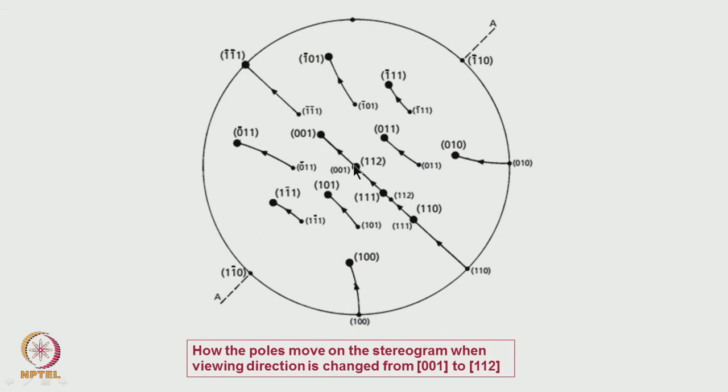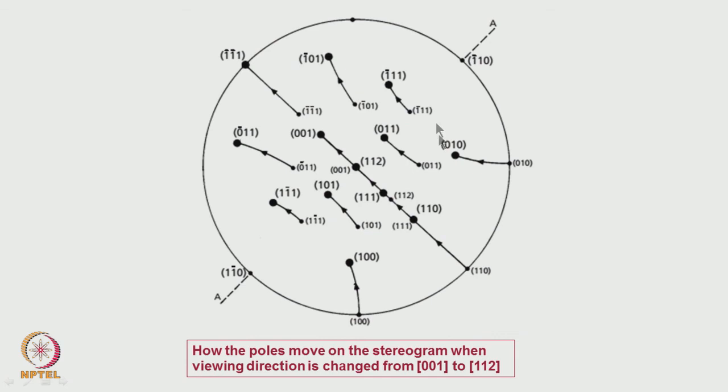When this is rotated in the same direction on this equatorial plane, 001 is rotated and reaches here. All the others move too, because the rotation axis now is this 1 1 bar 0 axis. If we rotate around this axis, this is going to be the equatorial plane, and these are all the latitudes. So 001, which was there initially, has moved and come here to this new position.